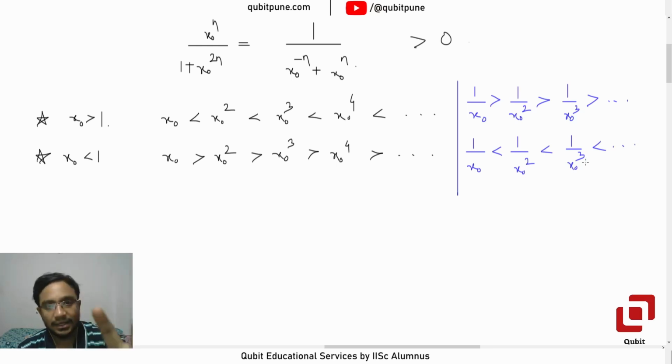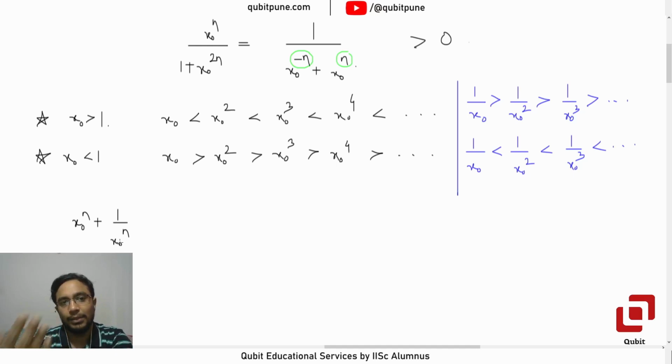Now why did I tell you this? Look, here we are taking n, and then we are taking 1 upon x0 raised to n. So if I now consider the expression x0 raised to n plus 1 upon x0 raised to n, I know I'm going to get the same behavior whether I take x0 greater than 1 or x0 less than 1. It doesn't really matter because we have x0 raised to n and also its reciprocal raised to n.